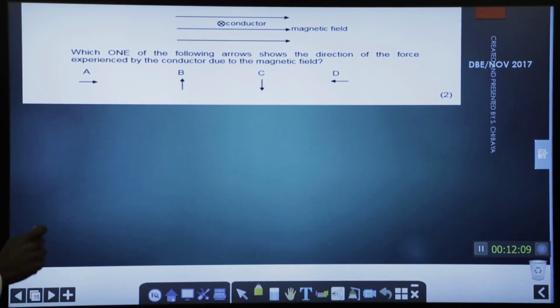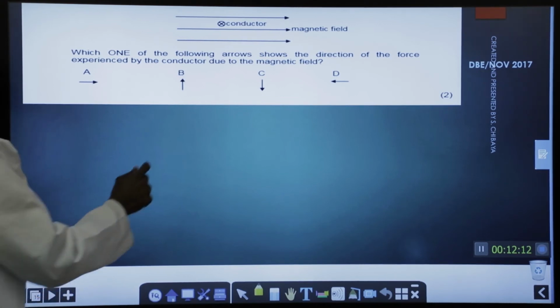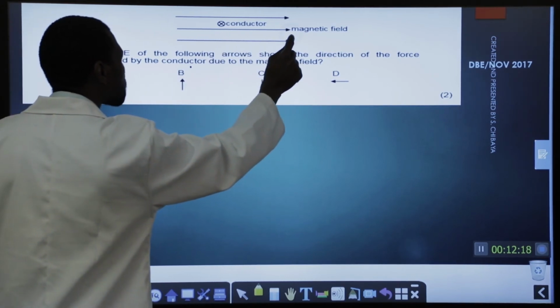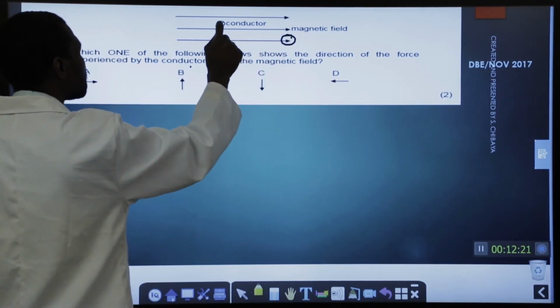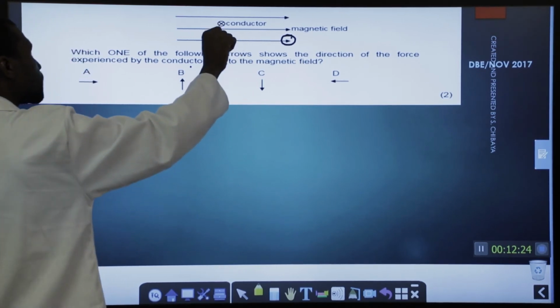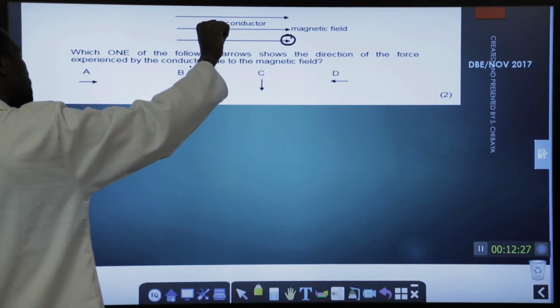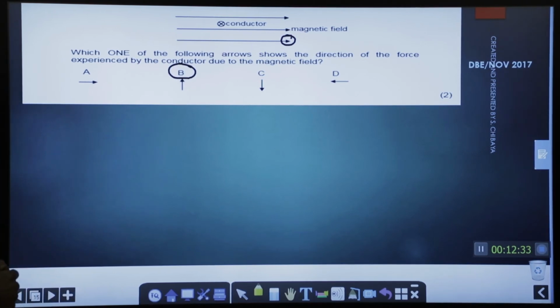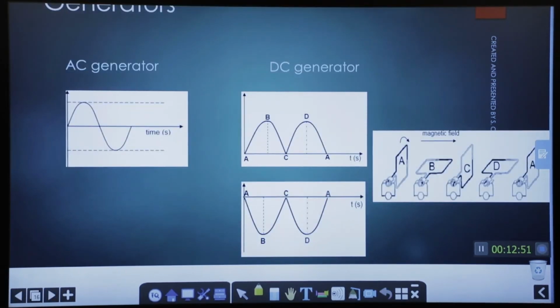What does that tell me? It tells me that the magnetic field is going to be moving in this direction, okay? And the conductor is showing current going inwards, all right? Okay, the current is moving inwards. Okay, so my B is the correct answer, showing the direction of the force on the conductor. The conductor is going to move upwards. The answer is B. You can refer to the diagram that shows the right-hand rule for you to clearly understand what is going on in this diagram.